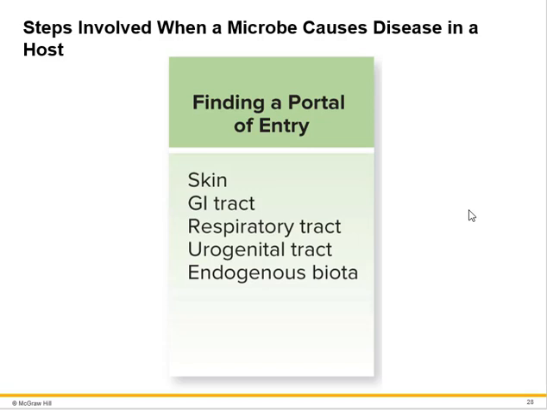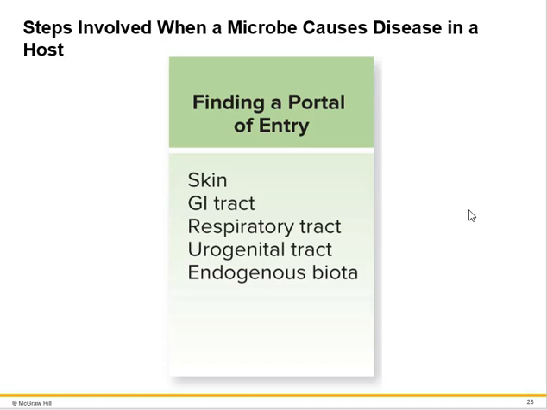And these portals of entry, the skin, GI tract, respiratory tract, urogenital tract, endogenous biota, this is where they come in. If you'll note, these are also places where we see a lot of resident microbiota.